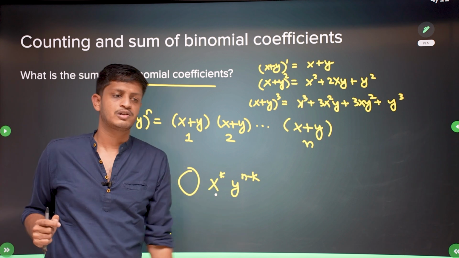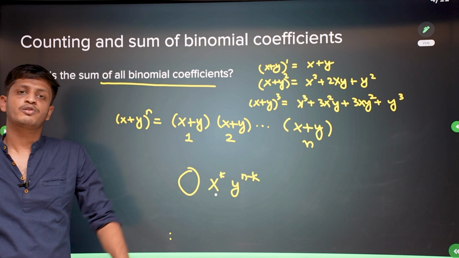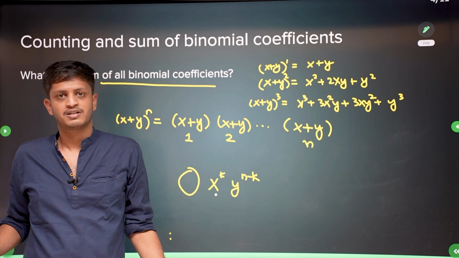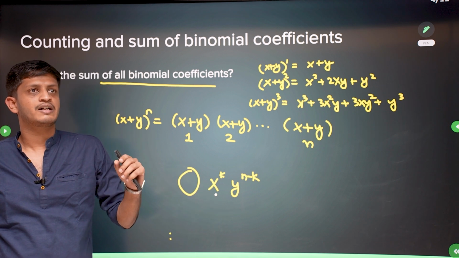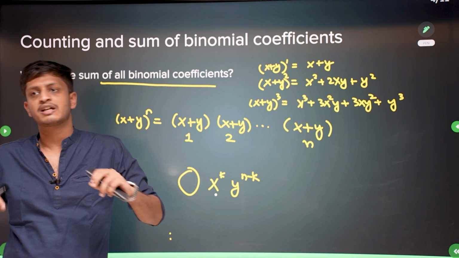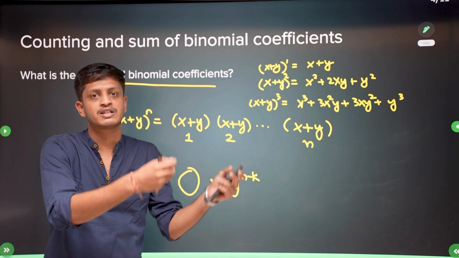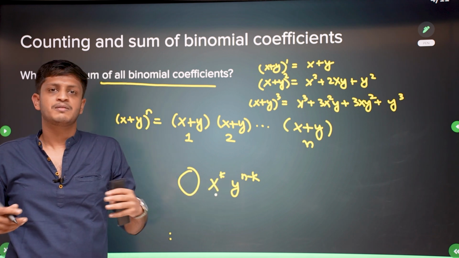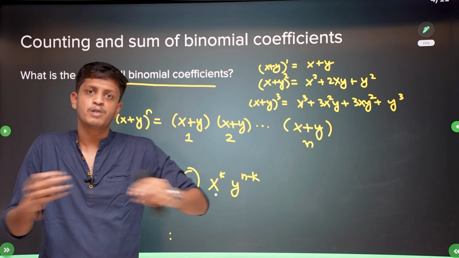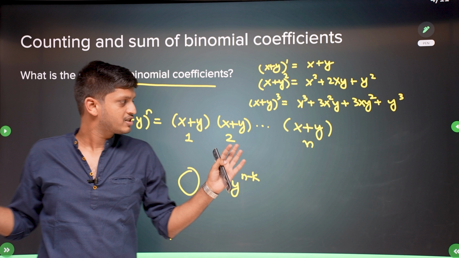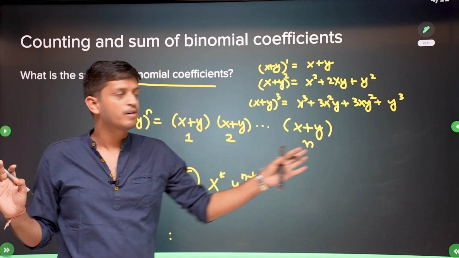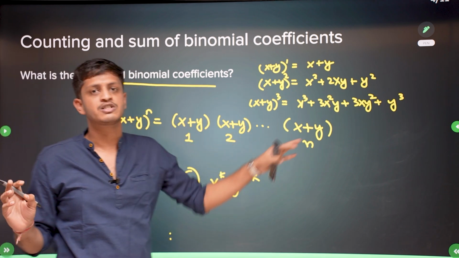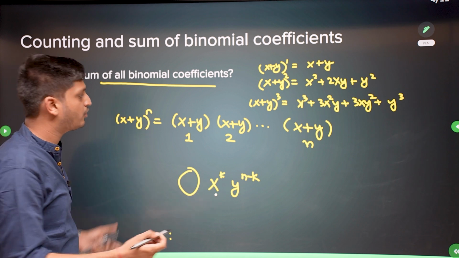So what will be the sum of all the coefficients? It is the number of all possible ways: either you are taking n x's and 0 y's, or 1 y, or 2 y, or 3 y. Basically the sum of coefficients is all possible ways in which you can multiply this expression, taking an x or y from each of the containers. So what is the number of all possible ways?